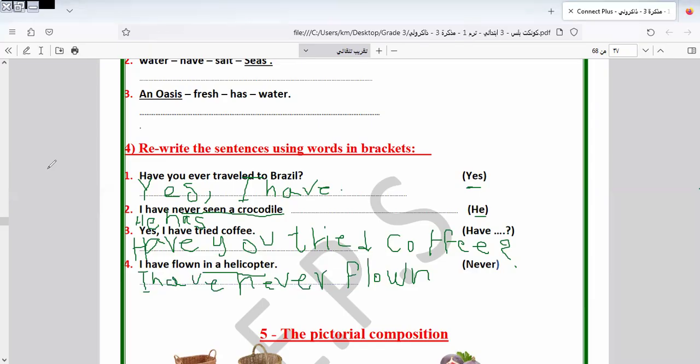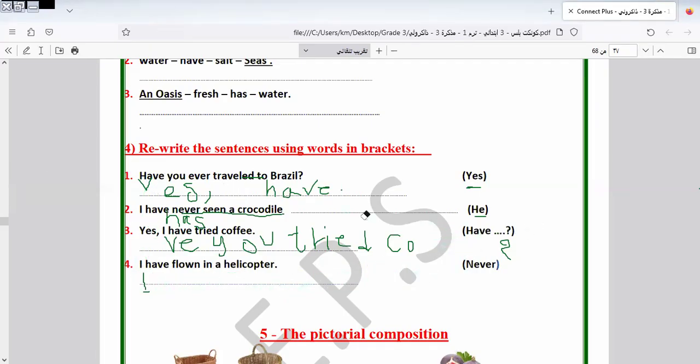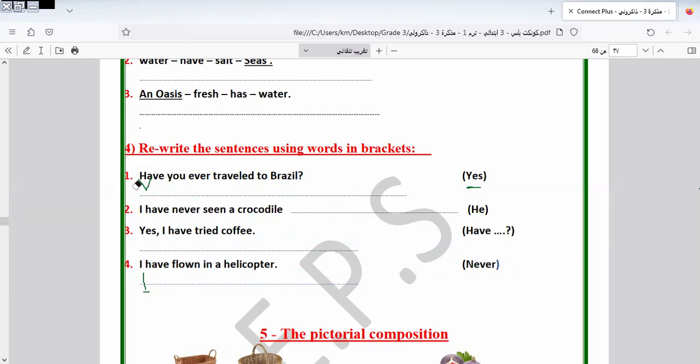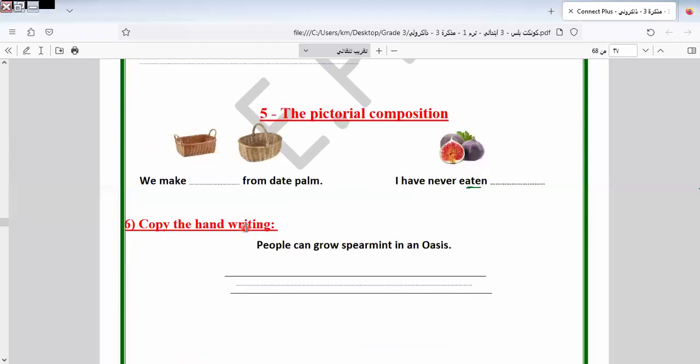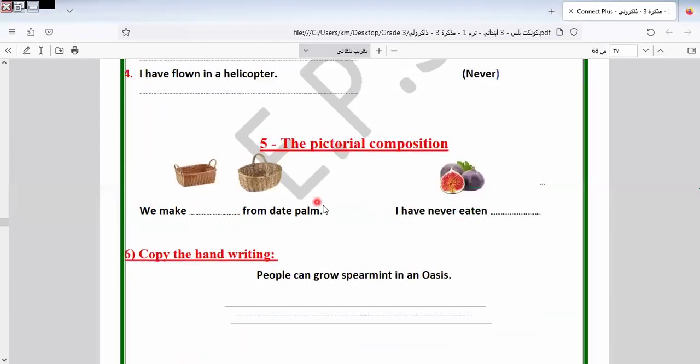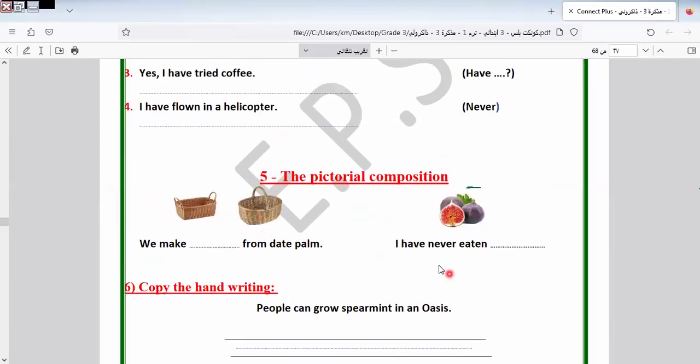Let's continue the rest of the exercise. Here we make baskets from a dead plant. This is basket. I have never eaten a fig. Fig is written like this.